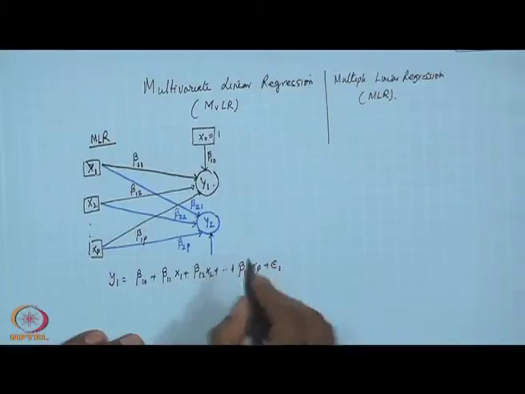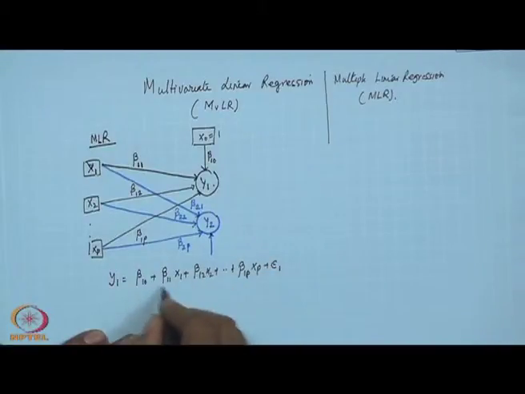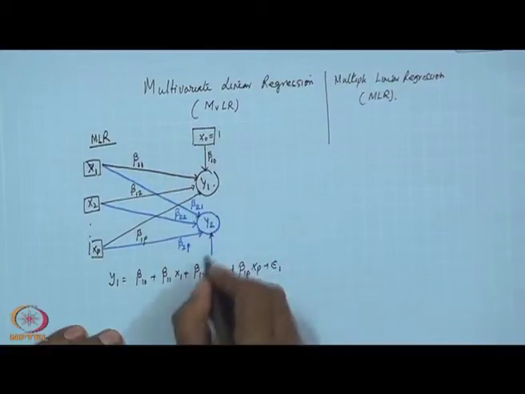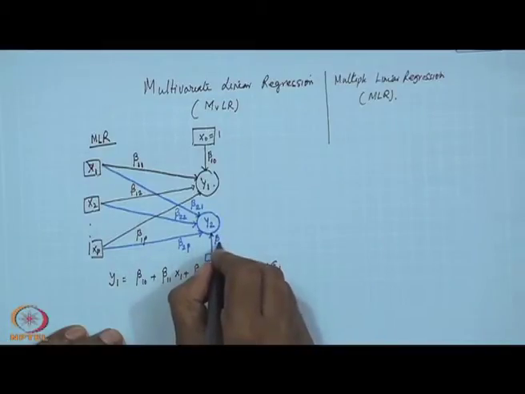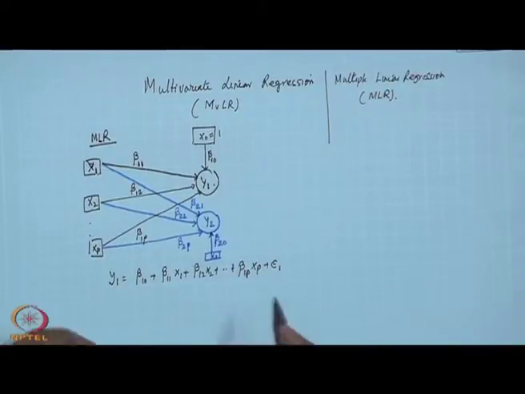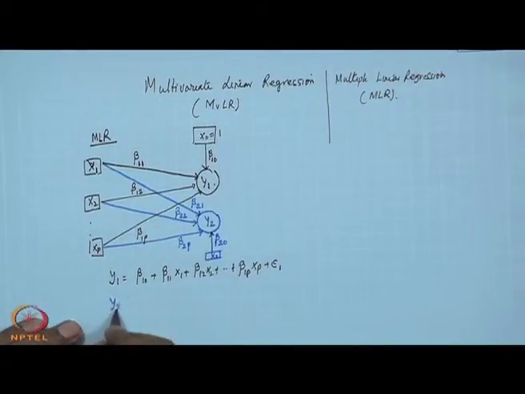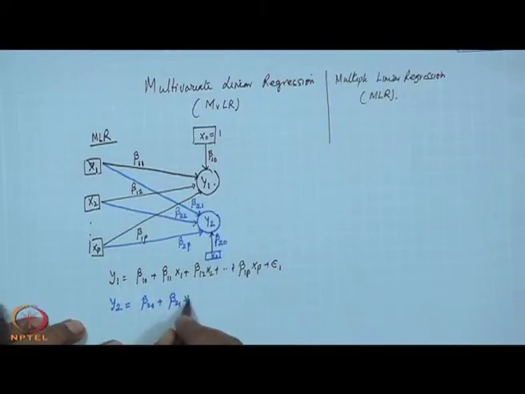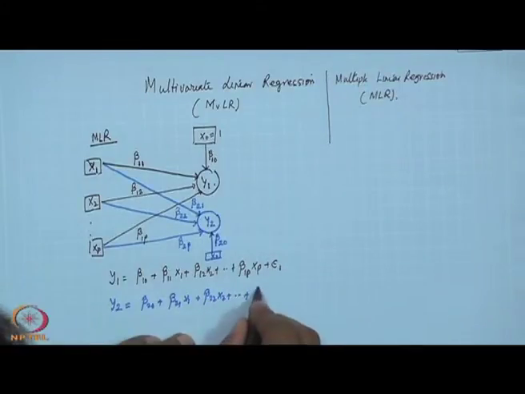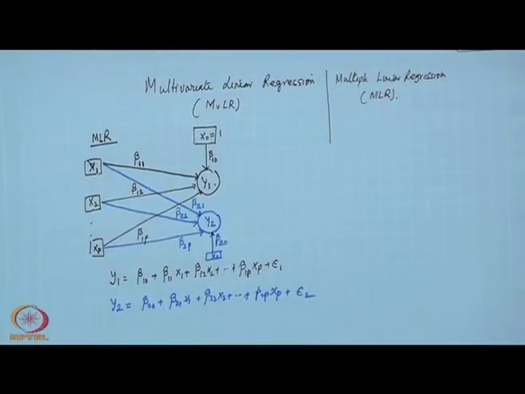So, beta 2 0 is affected by x0. If I write down y2 equal to beta 2 0 plus beta 2 1 x1 plus beta 2 2 x2, like this beta 2 p xp plus epsilon 2.